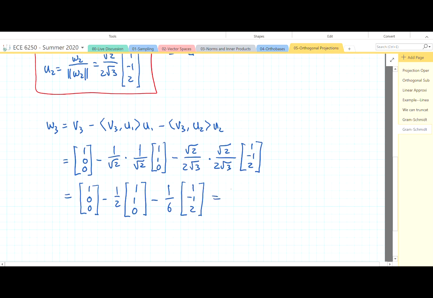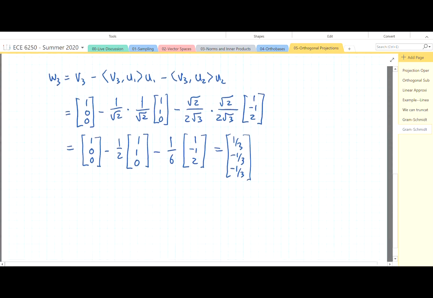And that will equal 1/3, minus 1/3, minus 1/3. Whoops, with a negative in there, and I didn't give myself enough room. There we go. And that's W3.